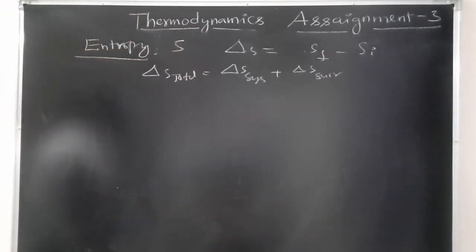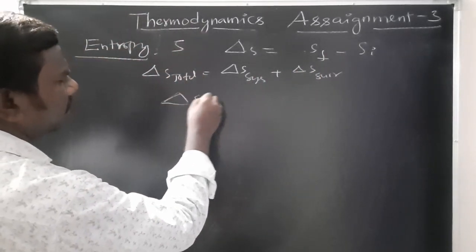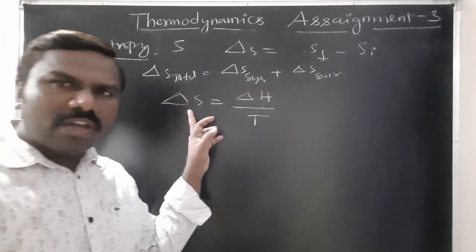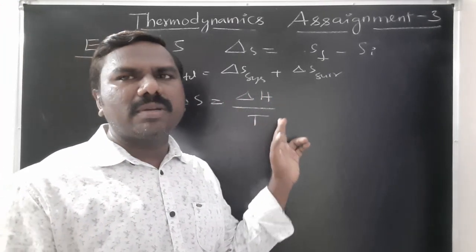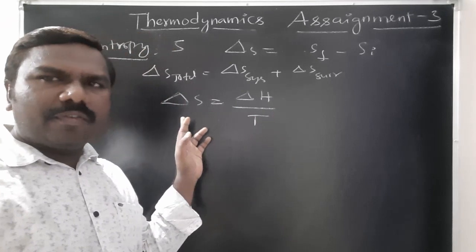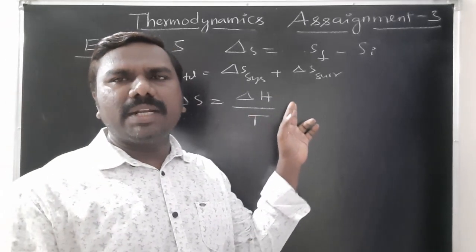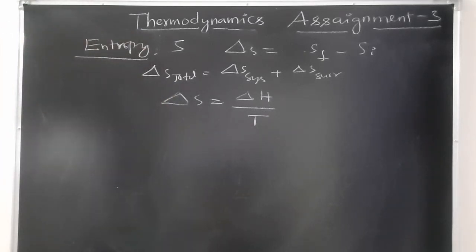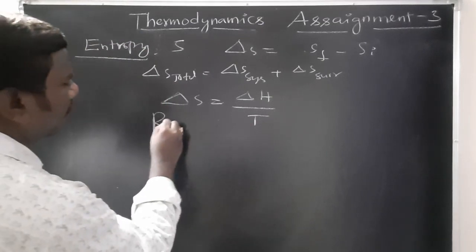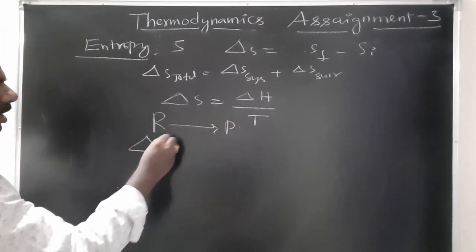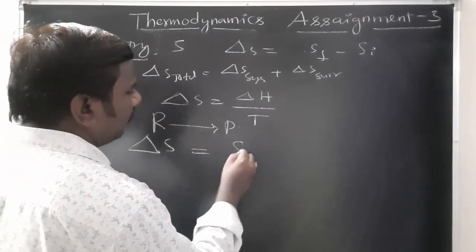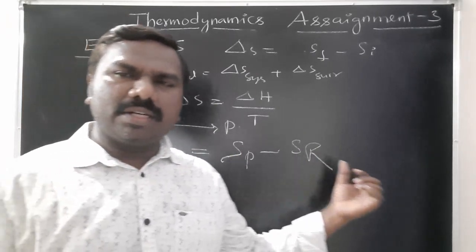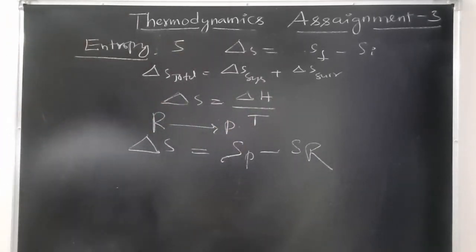Delta S for a system is equal to delta H by T. The entropy of vaporization is equal to the enthalpy of vaporization by temperature. Entropy of melting is equal to enthalpy of melting by temperature. Easy formula. Next, if a reaction is given, reactant gives rise to product, the change in entropy of a reaction, delta S, is equal to entropy of products minus entropy of reactants. Disorder in products minus disorder in reactants. Right, students?